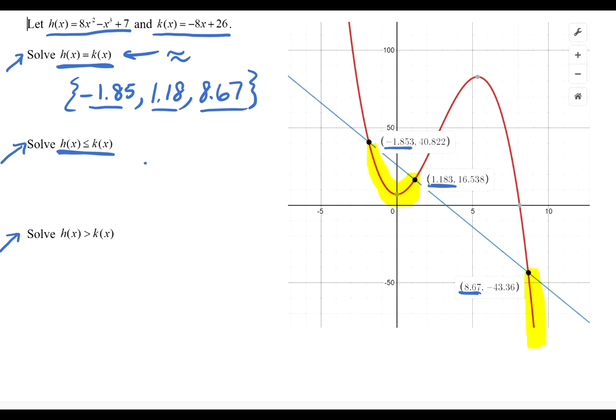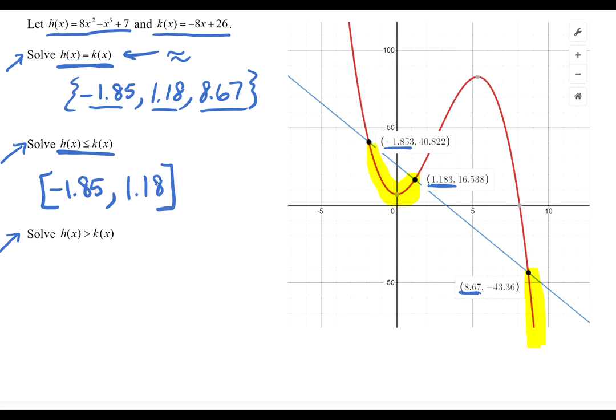The first region where the red graph dips below the line would be from negative 1.85, and keep in mind that because we can be equal, we would want to use a bracket. So negative 1.85 up to where it stops at positive 1.18.